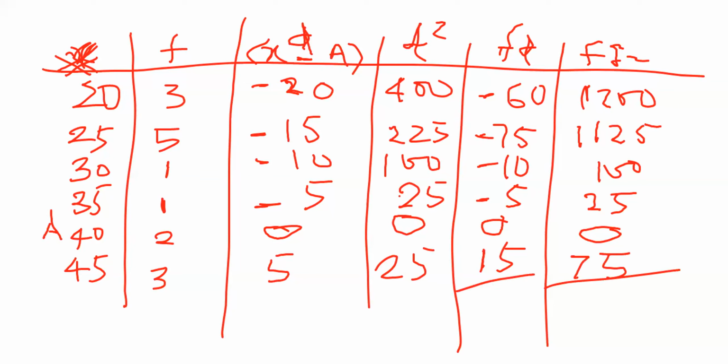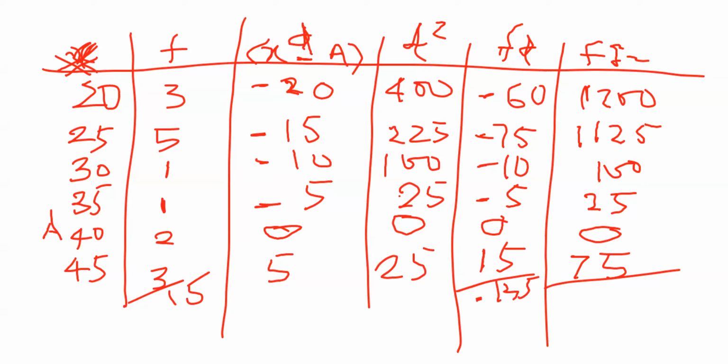We now need to get the total. This one is already 15. That's the total for that column. Minus 60 plus minus 75 plus minus 10 plus minus 5 plus 15.